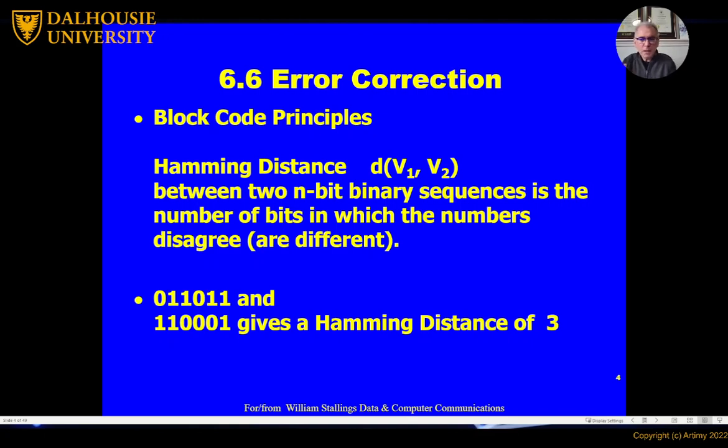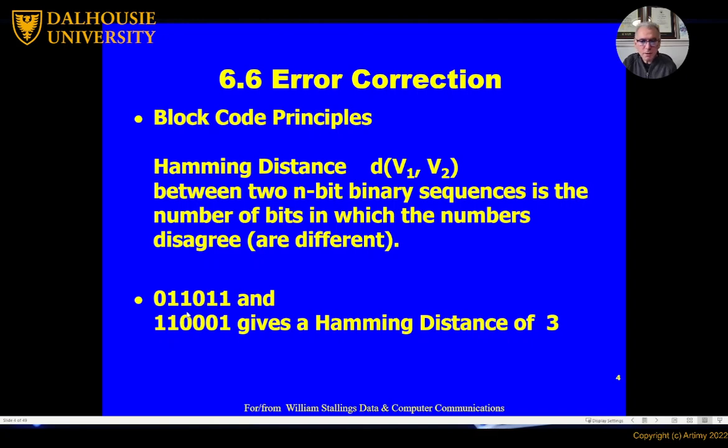If I pick any two of them and measure the difference in the bits, in this example you can see here where my cursor is pointing, the 0 and 1 are different, so we count that as 1. 1 and 1 are no different, so we don't count them. 1 and 0 are different. 0 and 0 are not. 1 and 0 are different.